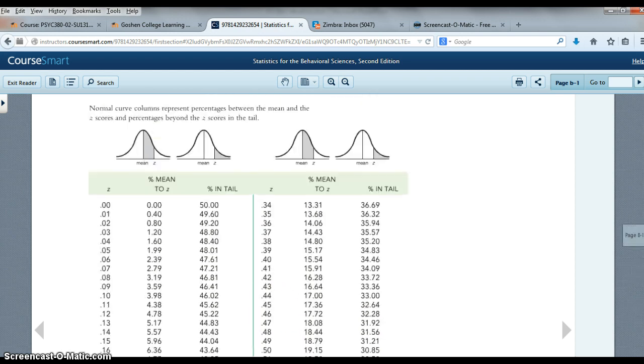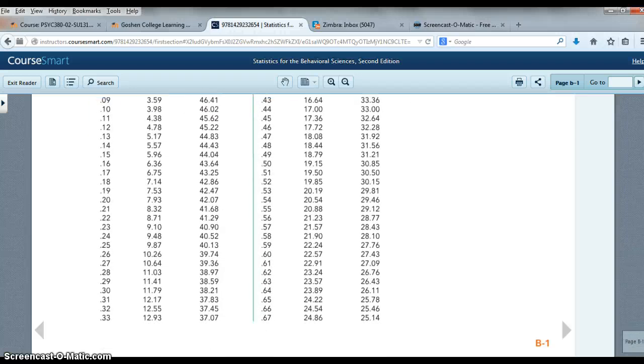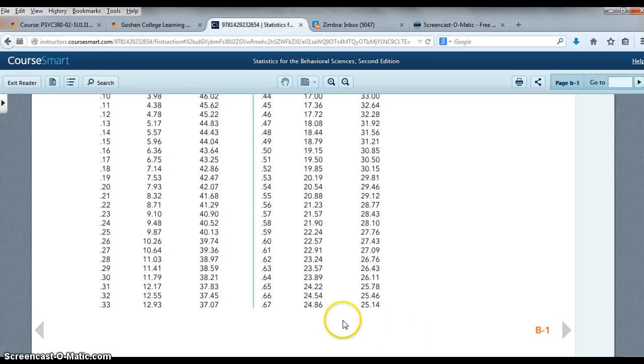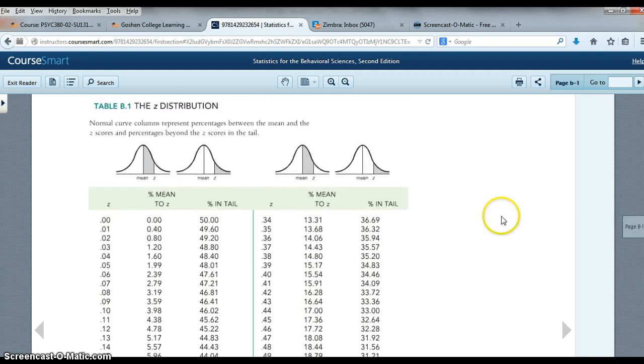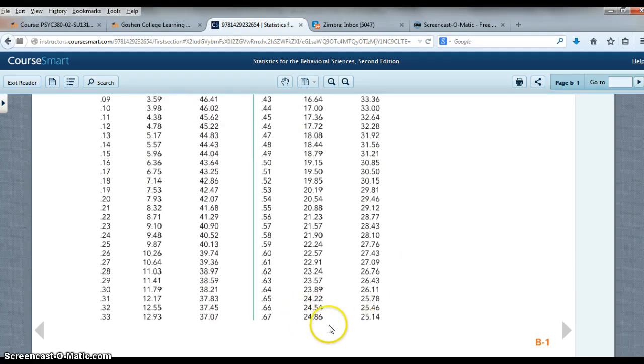So if we wanted to know what the percentile would be for a score of positive 0.67, we would look in that first column that says mean to z, and then we would have to add in this additional 50% because this is a positive z-score. So if we come down here, we see that mean to z is 24.86%, and then we add 50%, and what we end up with is 74.86%.